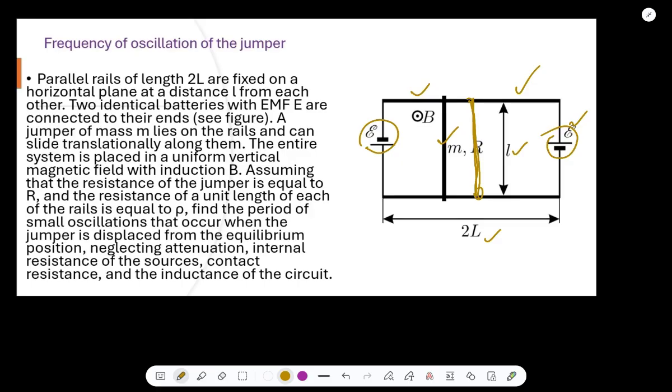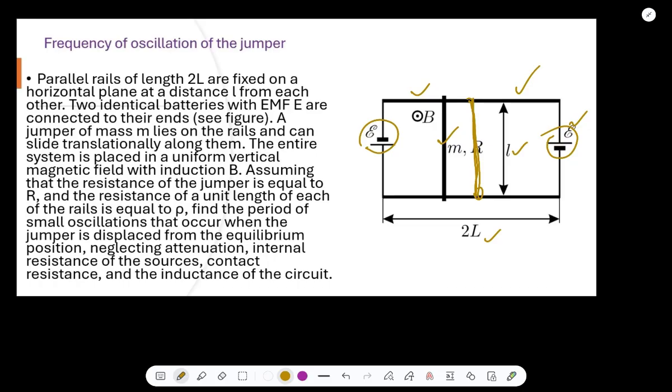A wire moving in a magnetic field becomes a battery, and in accordance with Lenz's law, part of the ampere force associated with the induction current leads to the damping of oscillation.